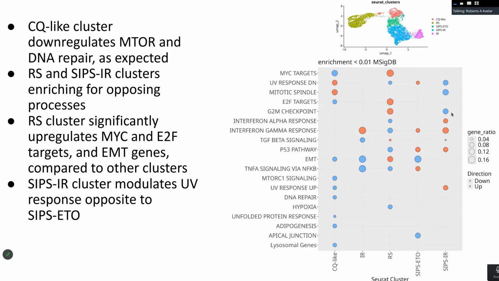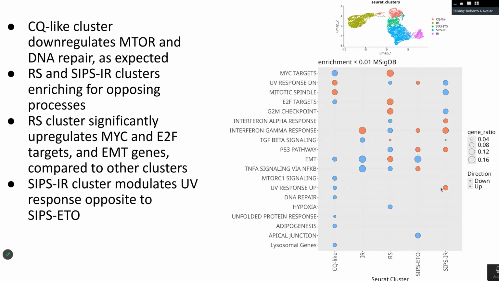But this is the opposite of what we're seeing in these other stress-induced senescent states. So it seems like there could be quite a lot of differences with how these cells are expressing these different stress pathways and other pathways.